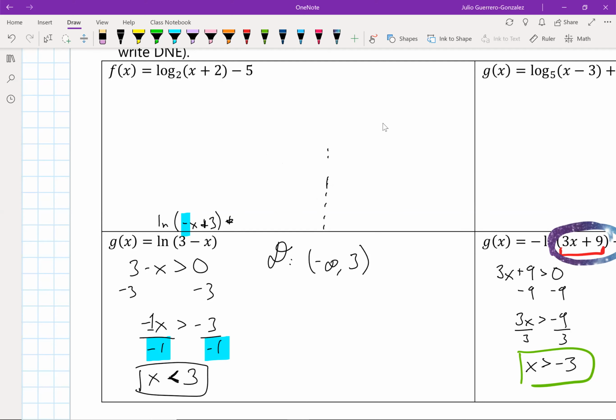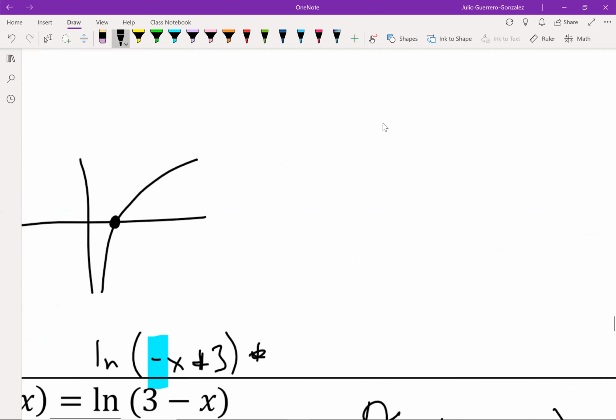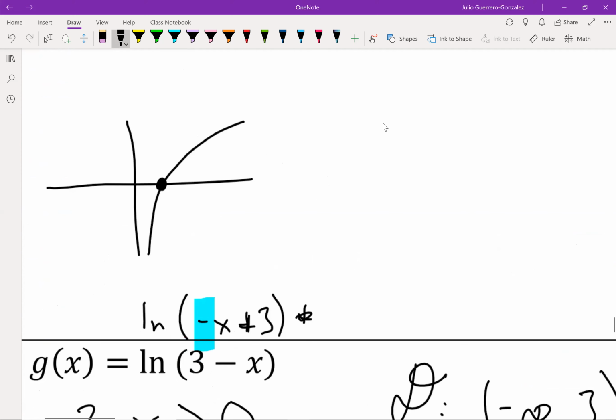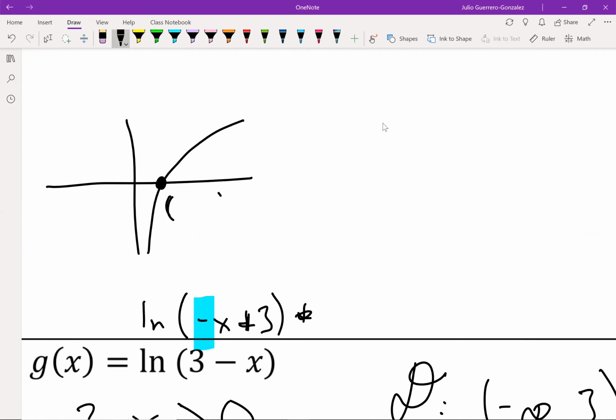So, vanilla does this, right? Where's this point? So this point would be what? Right. Now, we flip it.